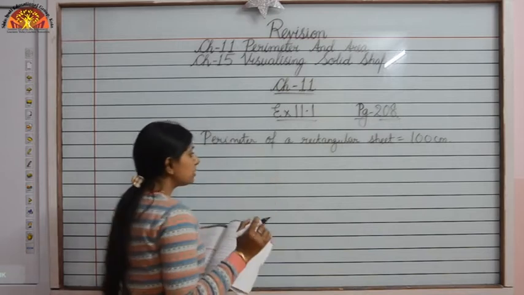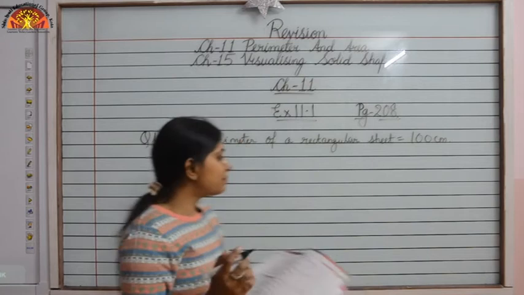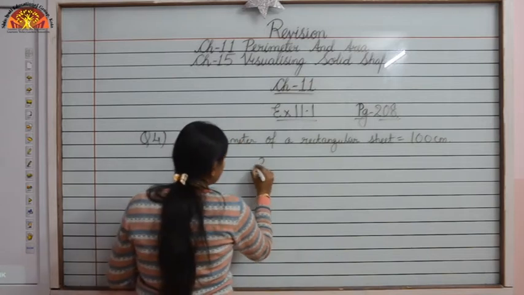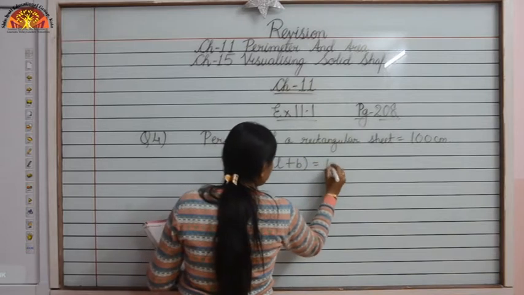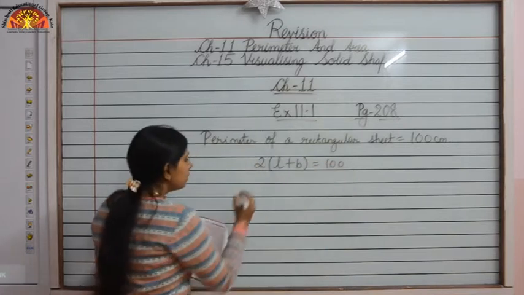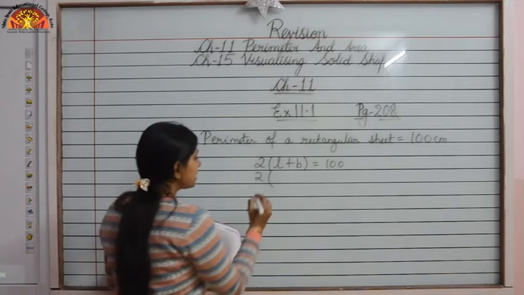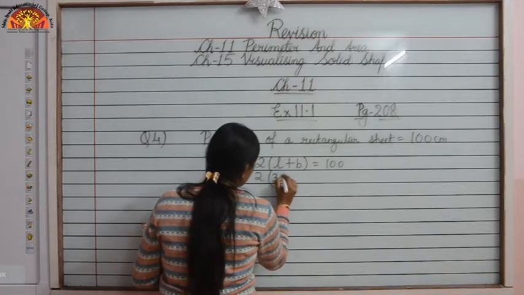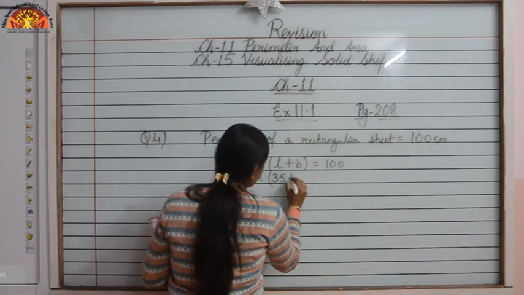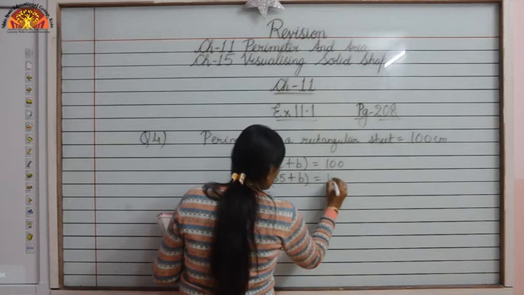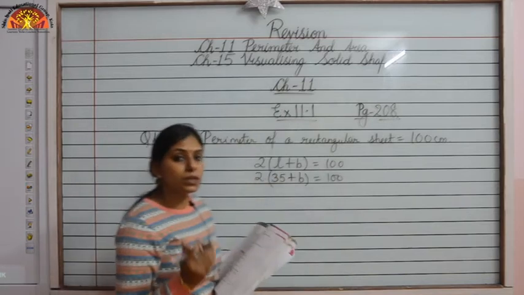Now as you know children, the formula for the perimeter of a rectangle is 2 into (length plus breadth). So we can write here 2 into (L plus B) is equal to 100. Now length is given to you, it is 35 centimeters, so we'll substitute the value for length, that is 2 into (35 plus B) is equal to 100.